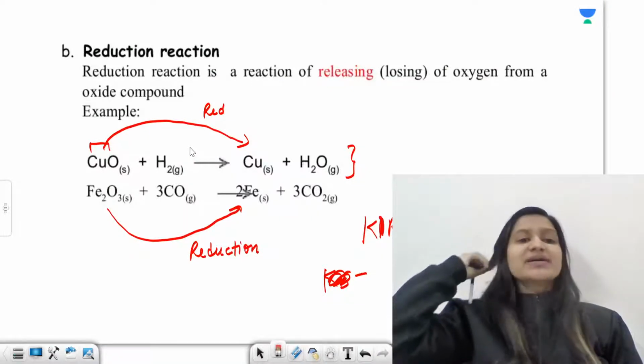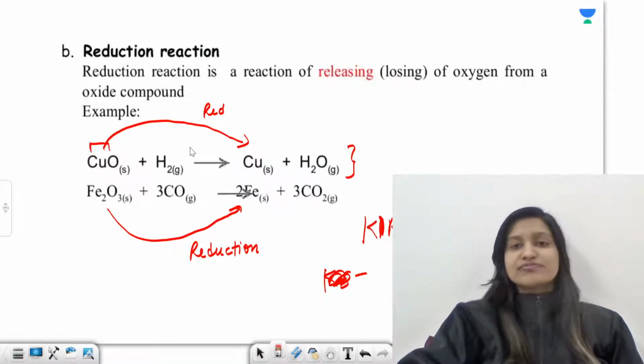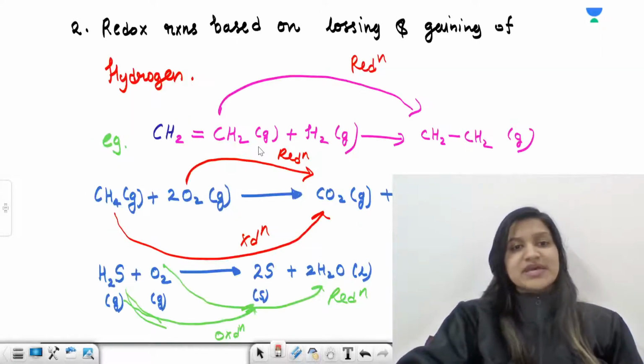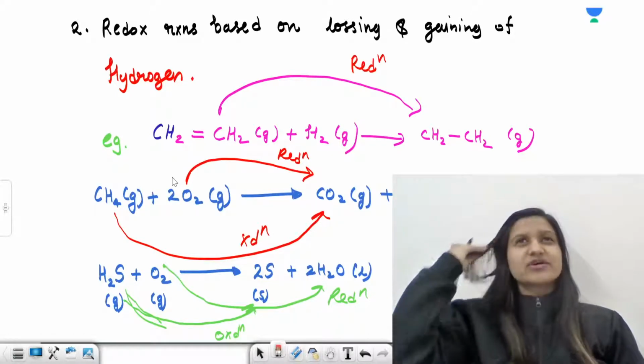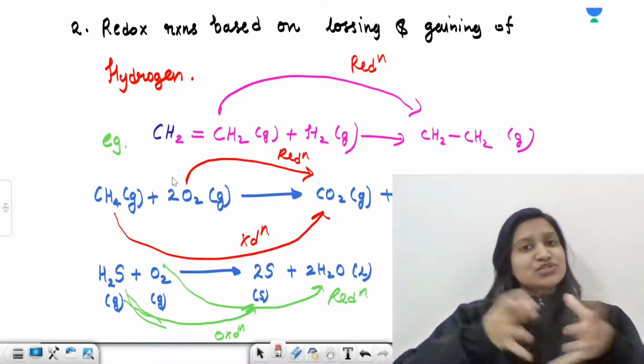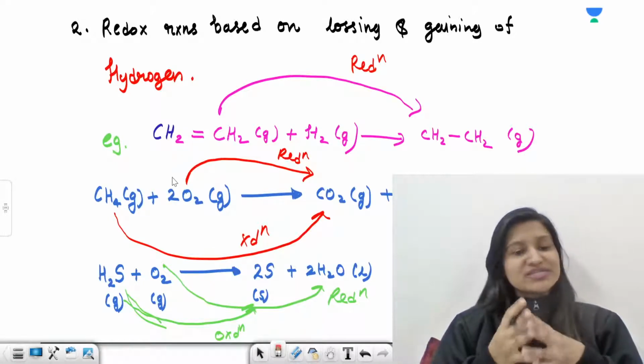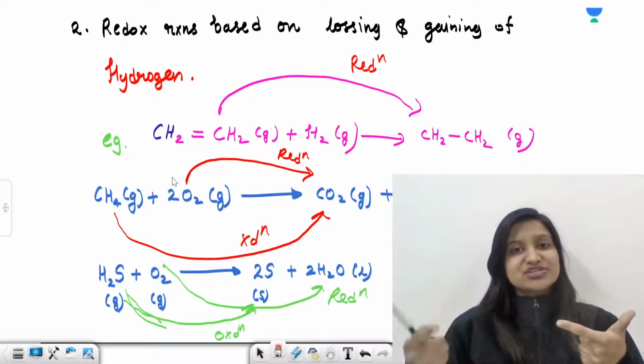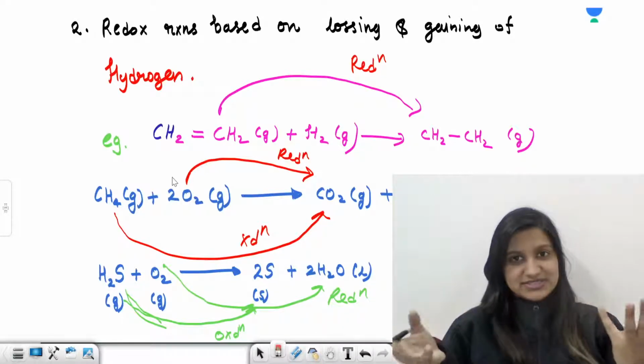Reduction, we saw, is simply the losing of oxygen. So as you can see here, copper oxide is getting reduced into copper. Then redox reaction based on losing and gaining of hydrogen. So whenever you convert alkene to alkane, meaning double bond to single bond, you do reduction, you add hydrogen simply.